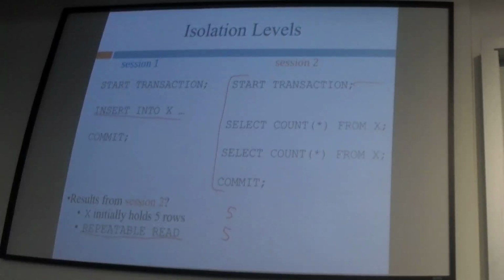So it's figuring out which rows do I need to lock and unlock and when. So it doesn't prevent session 1 from making insertions? It doesn't prevent session 1 from making insertions, no. So it does have to somehow copy at least this information so that it can repeat it when you try to read it again.